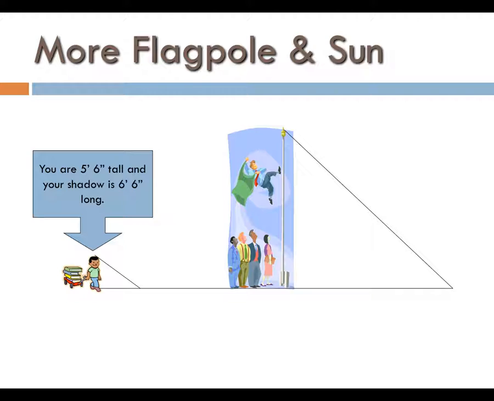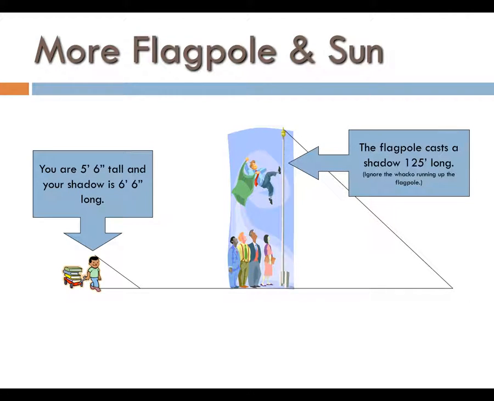And your shadow is 6 foot 6 inches long. All of that can be easily measured. So now you've got this flagpole. Excuse the clip art, I just had to find something quickly, so I found this one with a guy running up a flagpole. You obviously can't run up the flagpole to measure the height of it, but what you can easily measure is the length of the shadow, and the shadow of that flagpole is 125 feet long.